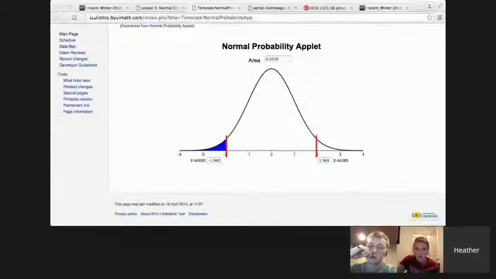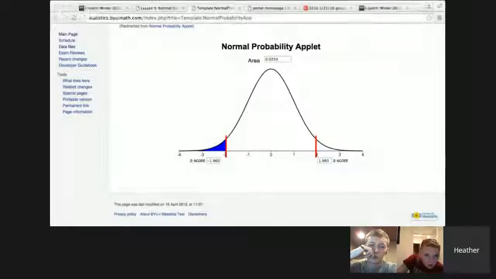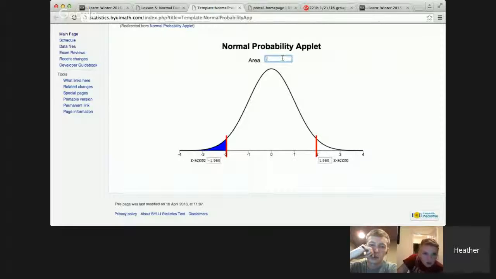So would it be 47%? Here, let me just share my screen real fast. Okay, so when you plug 95 in here, you're going to want the center highlighted, like that.